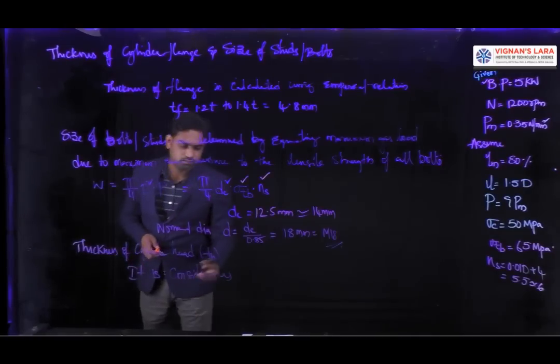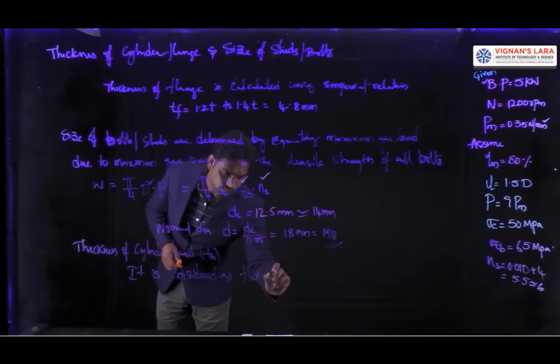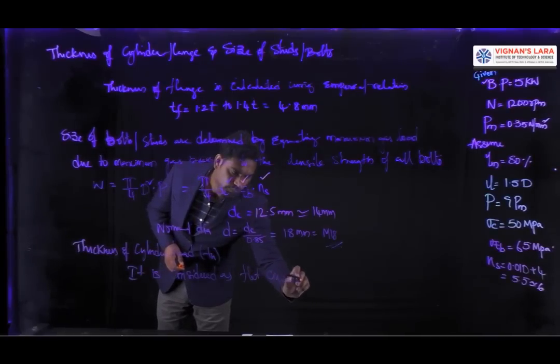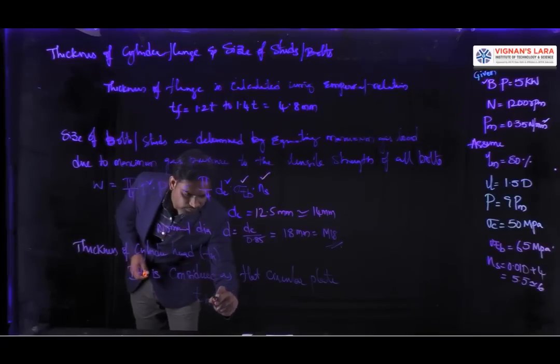So on that the TH is calculated by D root Cp by sigma TH.